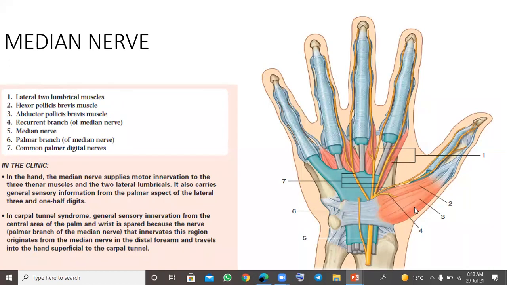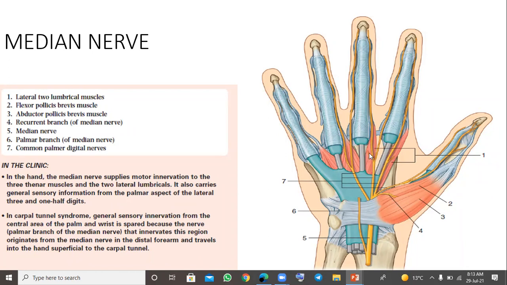So apart from supplying the thenar muscles, the median nerve also supplies the first and second lumbrical muscles. As you can see, from the common palmar digital nerve there's a branch going to the first lumbrical muscle, and again from the second common palmar digital nerve, there's a branch going to the what?